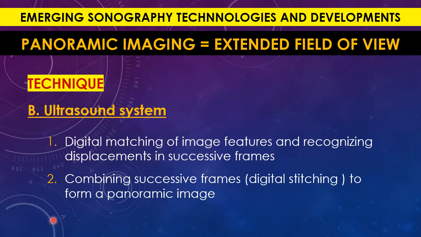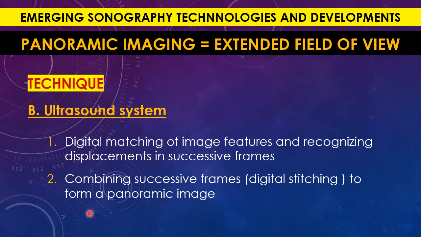All the frames that are processed are saved in succession so that the machine goes through what we call digital matching of these image features. And then the machine will recognize that there are some displacements of these images. So the anatomy here is not the same as the next one, and the next, and so forth.